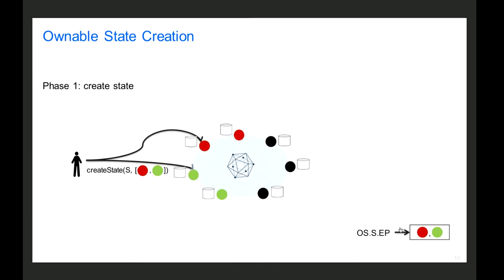On the lower right hand corner, you see that we have the ownable state with the identifier S, and its endorsement policy requires the red organization and the green organization to sign to endorse changes to this ownable state. This enables us in the next stage, phase 2, where we want to actually modify the ownable state because we want to write a value V into it.